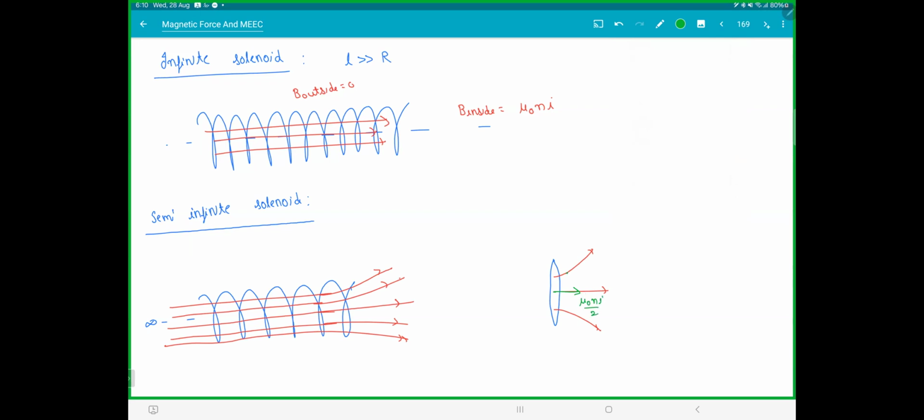And the best part is this. If you take the field like a horizontal component, that is also mu naught n I by 2. So all the points on the open end, the horizontal component is mu naught n I by 2.